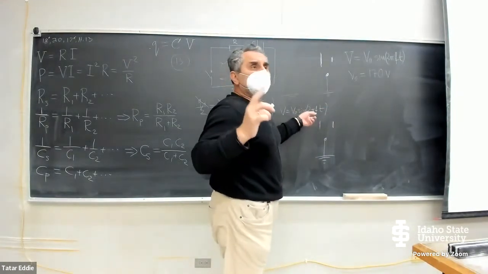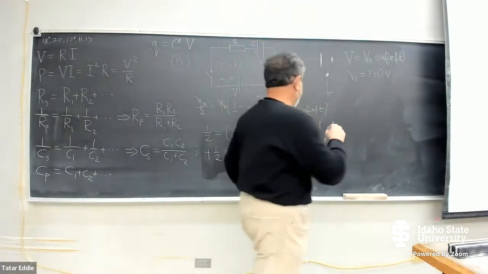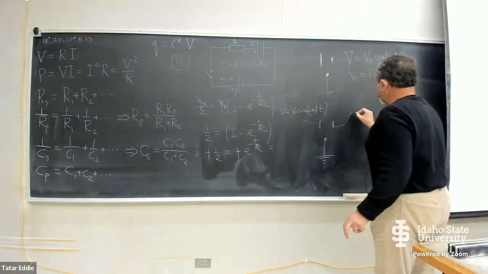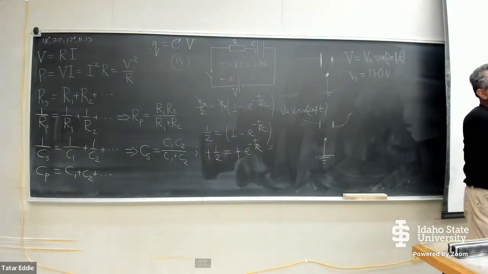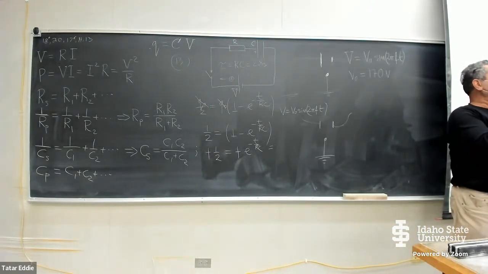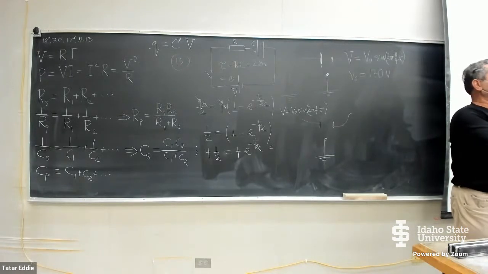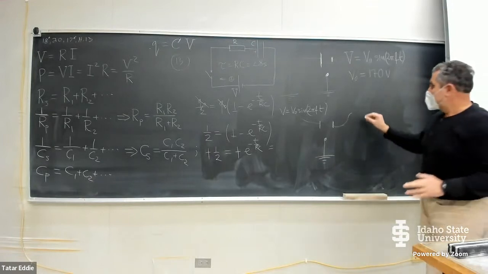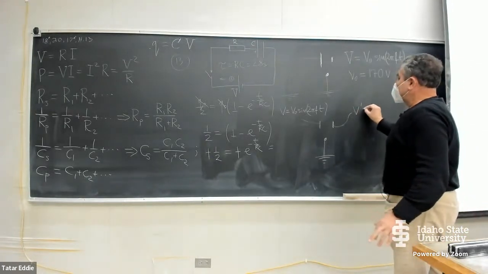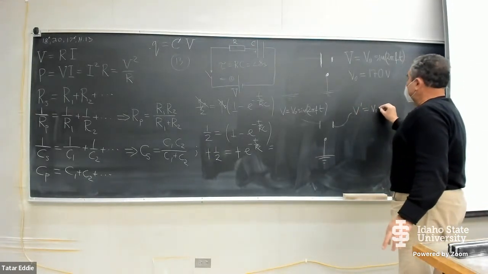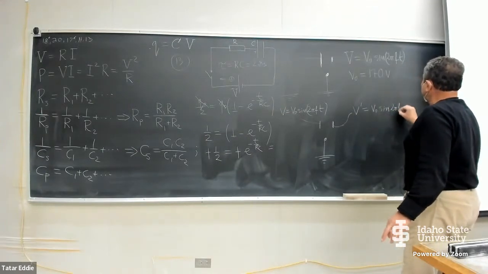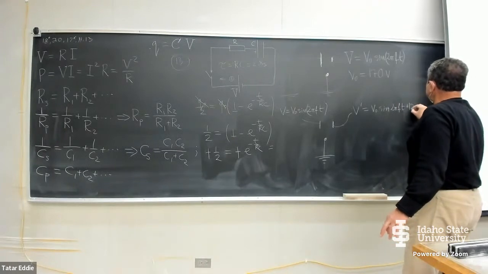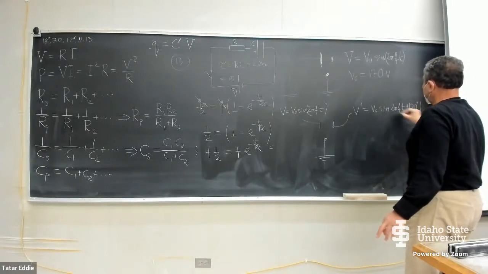The frequency is always 60 hertz here in the United States. And this terminal is also connected to the same type of voltage, but it is shifted by 120 degrees. It is shifted by 1/3 of a cycle. So this is V prime equal to V naught times sine of 2 pi ft plus 120 degrees, let's say.